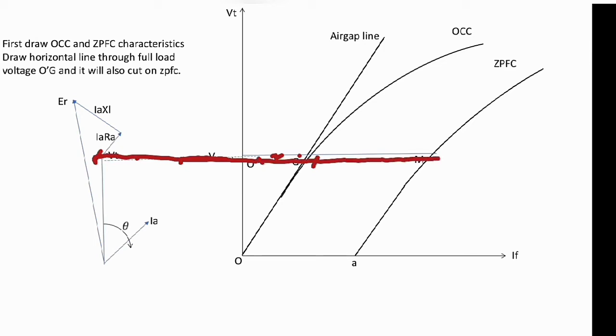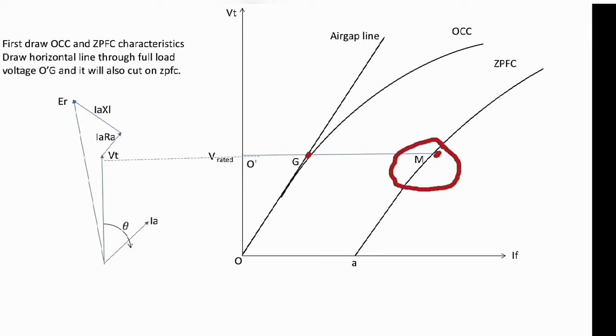This line will cut the air gap line at G, and it cuts the ZPFC at M. So we get the first point M and the second point A. We require only these 2 points in this method, and through them we will draw the ZPFC characteristics.